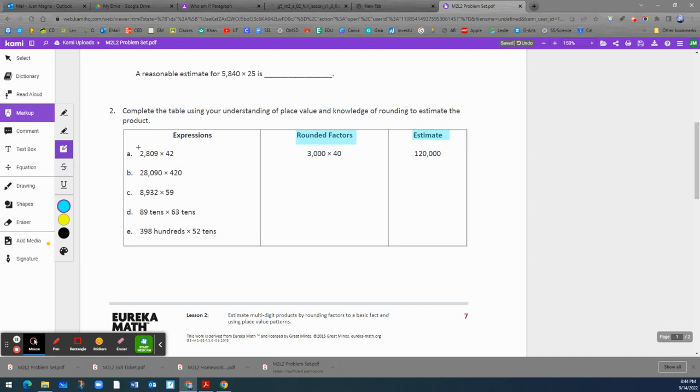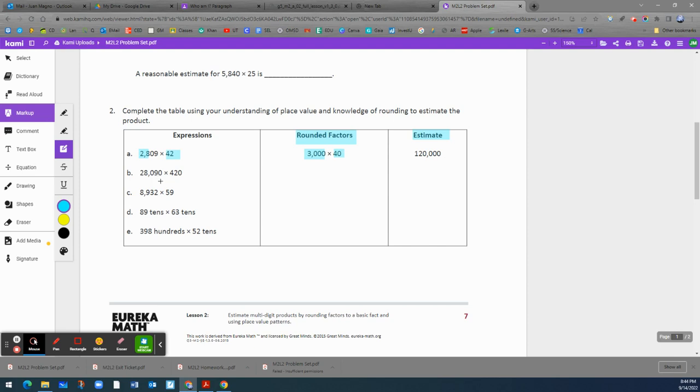As you can see, 2,809 was rounded to 3,000, and 42 was rounded to 40. When that was multiplied, you notice that 3 times 4 equals 12, and then you have 4 zeros, which means it was 1,000 times 10 equals 10,000, and that should be the product.